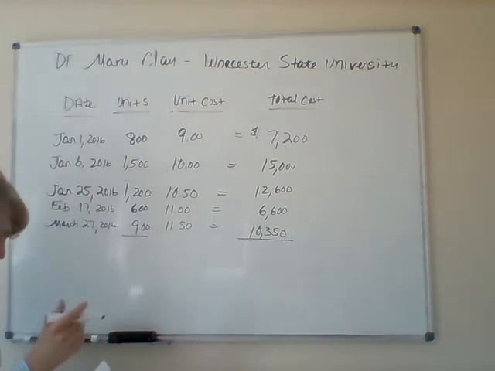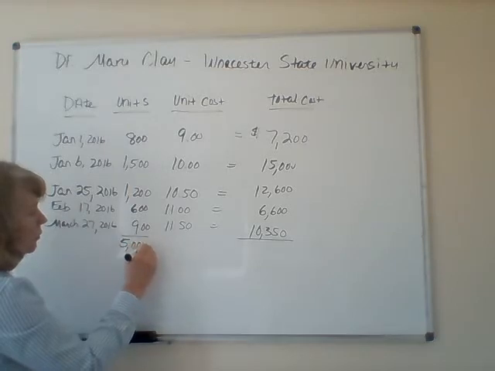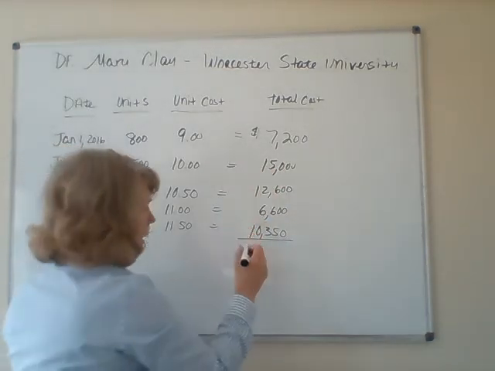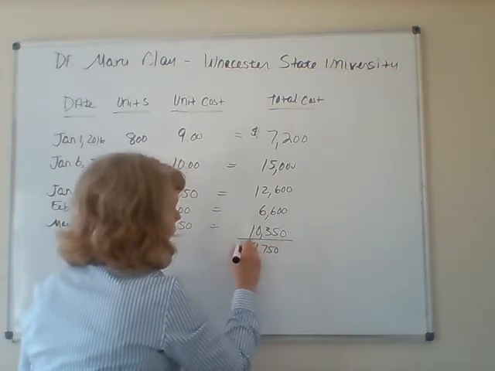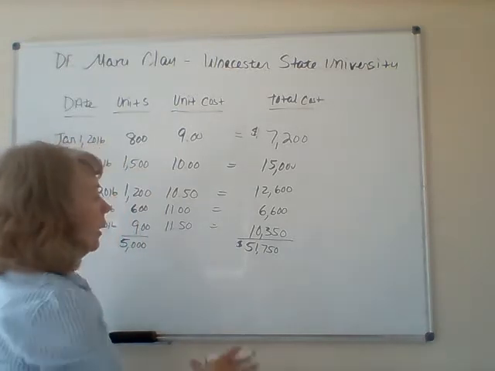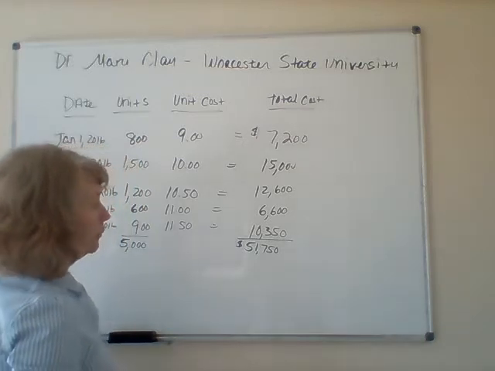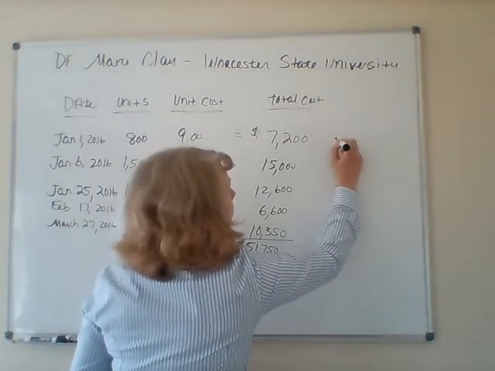All right, so you total it up, and how many is it? 5,000 units. Okay? All right, what's the total cost? 51,750 is the dollar figure. All right, so over here it said 1,600 units are still left. So I go over here, 5,000 units.